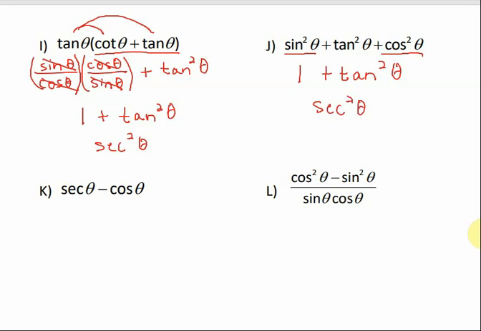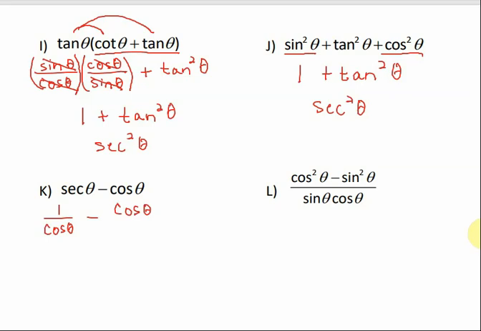For the next one, let's change secant into terms of sine and cosine. I know that secant is the reciprocal of cosine, so 1 over cosine of theta minus cosine of theta. Here I'm trying to subtract these, but I can't subtract them unless I have a common denominator.